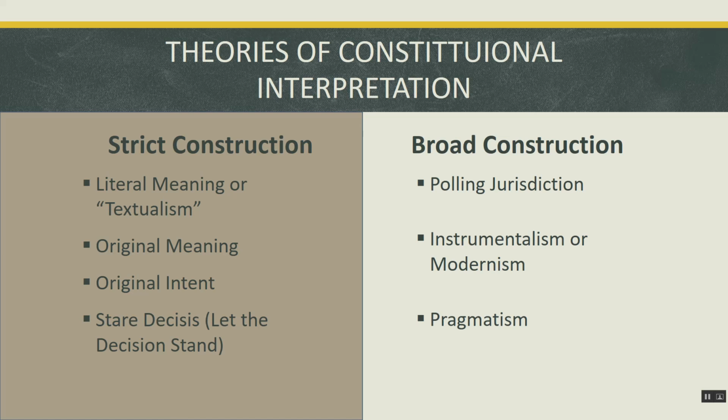So, for instance, in determining whether to rule that there is a right to keep and bear arms, or that there is not a right to keep and bear arms, it's not enough for a judge or justice who believes in polling jurisdiction to just look at the Second Amendment and say, hey, does this say there's a right to keep and bear arms? That judge or justice has to start by looking at other countries and saying, hey, do the countries with strict gun control seem to have positive outcomes or negative outcomes?